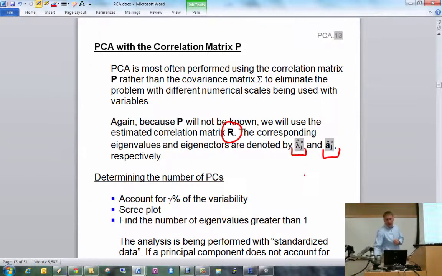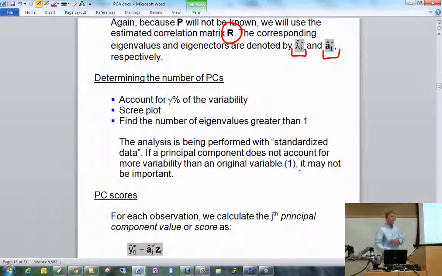Okay. Well, how do you then determine the number of principal components to use if now you're using the correlation matrix? Well, the first two are exactly the same as what we discussed a few minutes ago. So notice how I have the word variability there. You might be thinking, well, wait a second, now we're dealing with correlations.